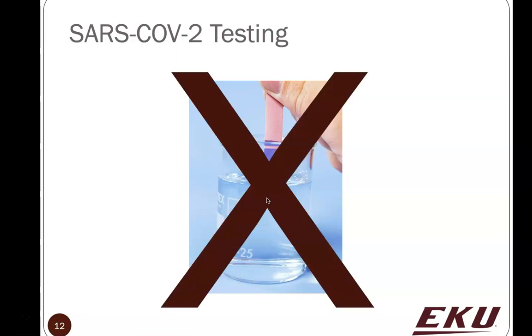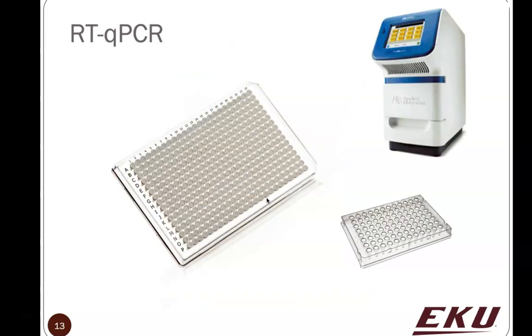The actual WHO protocol is for a 96 well plate or a 256 well plate or a 512 plate, but overall the WHO method is for us to do reverse transcriptase quantitative polymerase chain reaction, or RT-qPCR, which is also sometimes known as RT-qPCR, meaning reverse transcriptase real-time PCR.